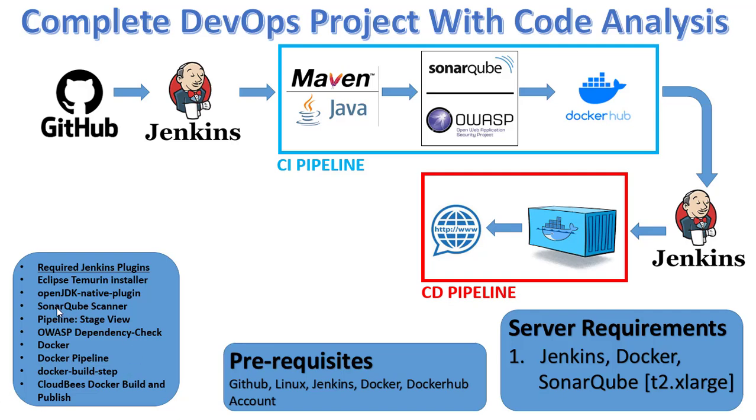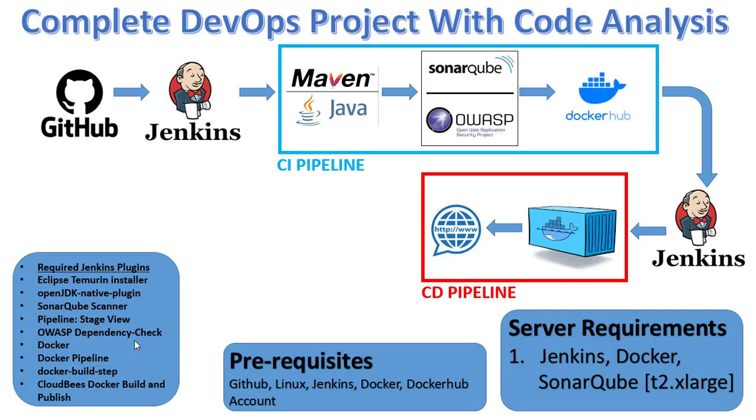We'll use the Pipeline Stage View to get a perfect view of our pipelines. Then the OWASP Dependency-Check, which will check the dependencies of our code.